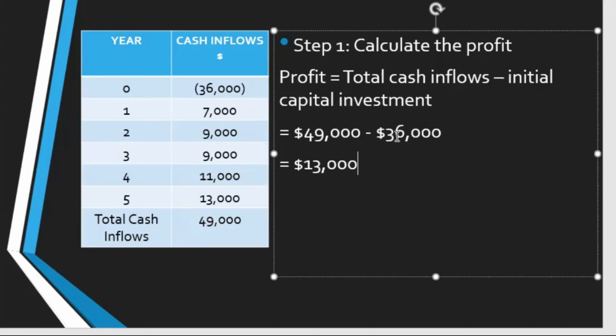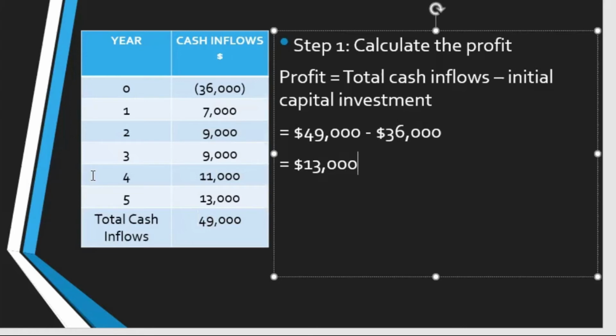So the profit would be $13,000. So the business would make a profit of $13,000. Good. We're getting closer to what the ARR figure will be, the average rate of return.